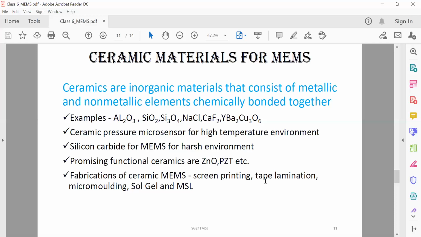The MSL technique is a special technique which is not used in VLSI but is extensively used in MEMS. In detail, I will discuss the micro stereolithography technique, if possible, in a separate lecture.